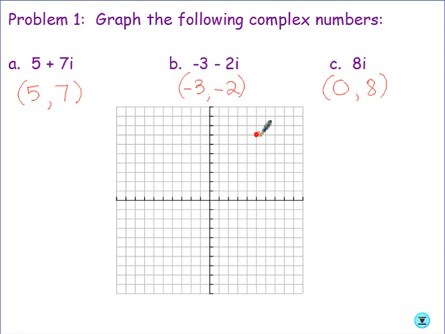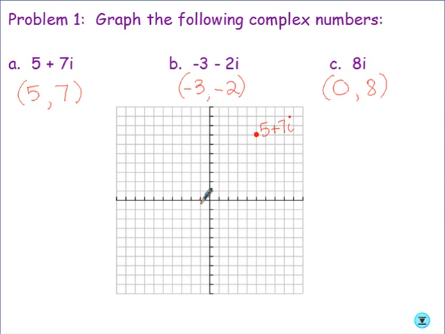Now we're going to put all of these on the same grid, so we want to label it. So next to that dot, write 5 plus 7i, because that's what the problem was. Second one, negatives. So we're going to go left 3 and down 2.